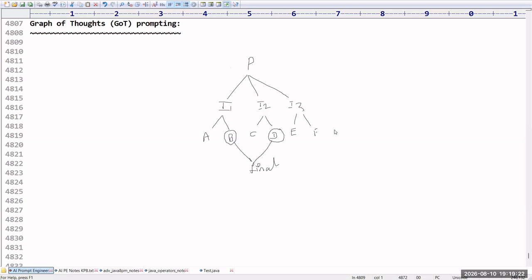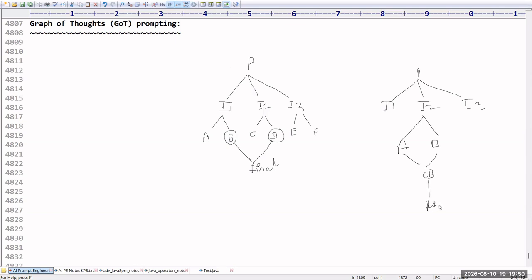But what about GOT, graph of thoughts? Sir, for a problem, you can have idea one, idea two, idea three. Do you know, in idea two, again there will be two derivations. Let us consider A and B. From this, you are going to get a combined solution, or a combined idea.